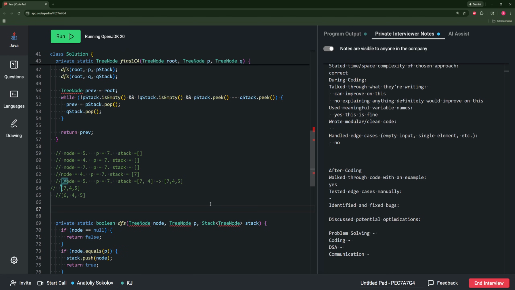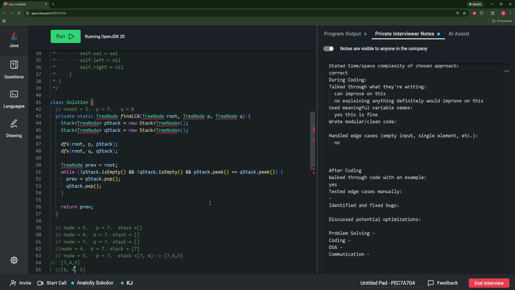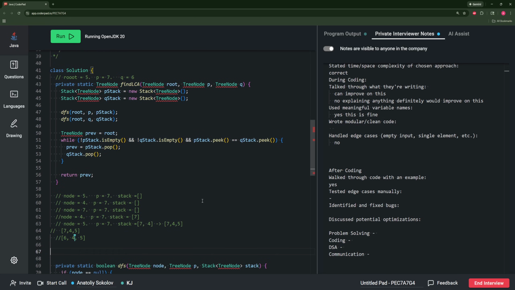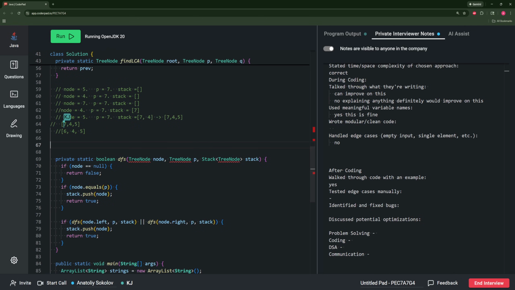So initially 5 comma 5 is checked, it goes into the while loop and it is popped. Similarly 4 comma 4 is checked, goes inside the while loop and it is popped. And next is 7 and 6. We see that it's not the same. So the while loop ends, and the previously matched node was stored inside previous. So that's being returned.